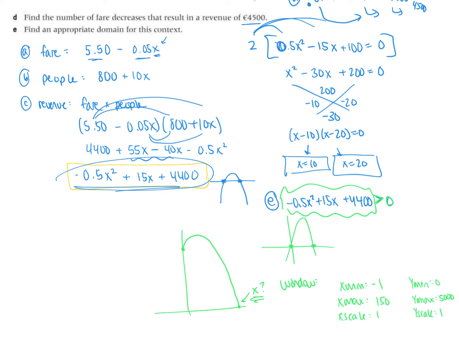Go to the left, enter, go to the right, enter, guess, press enter, and the x value is 110. So when we have 110 fare decreases, our revenue is going to be 0. So our domain needs to be less than 110 fare decreases so that our revenue will be greater than 0.